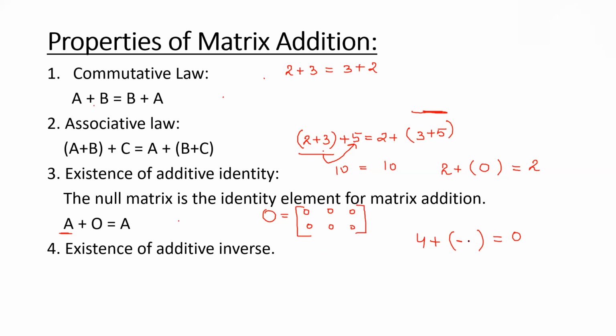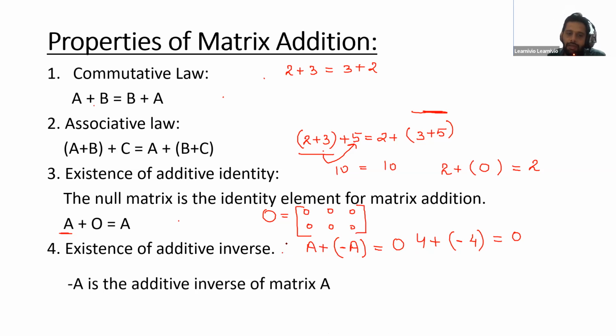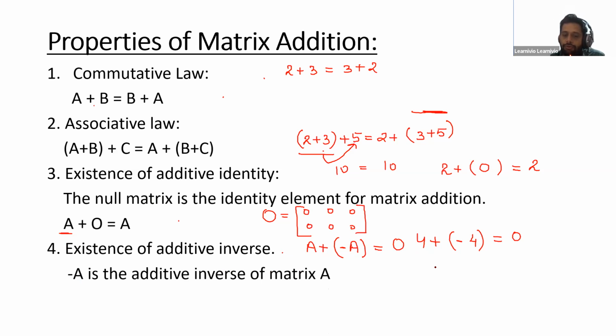Similarly, if we have a matrix A, what can we add so that we get a null matrix? That will be minus A. So minus A is the additive inverse of A. If you have any matrix, suppose a matrix B, then the additive inverse of B will be minus B.